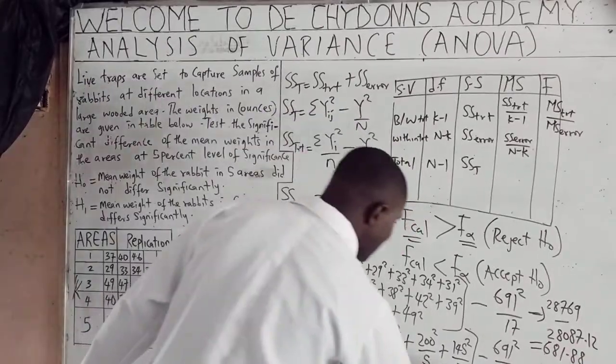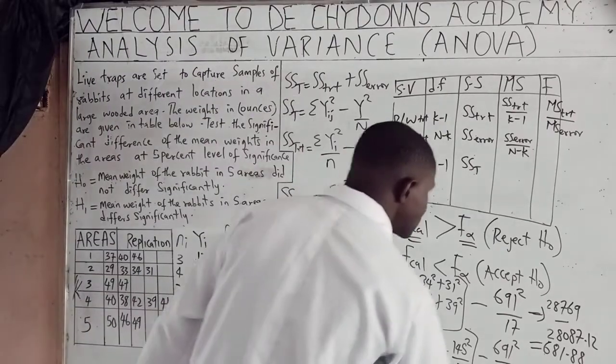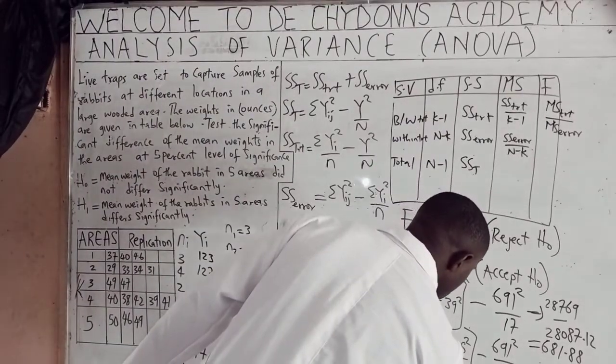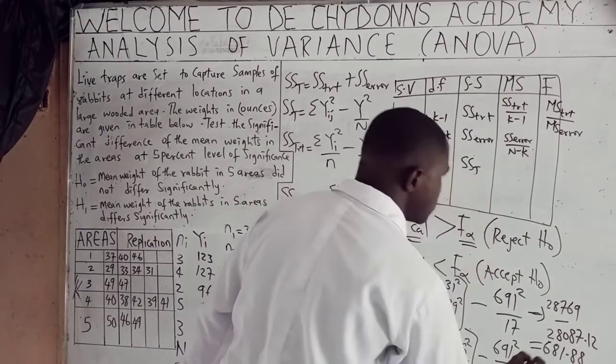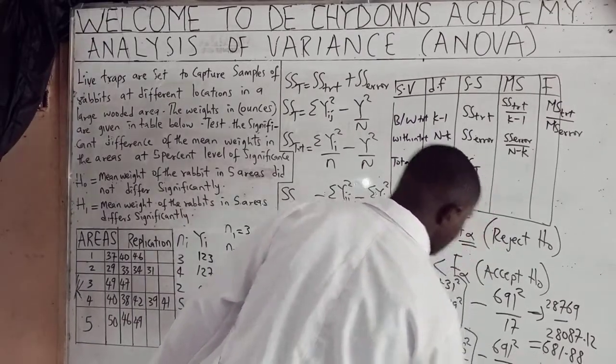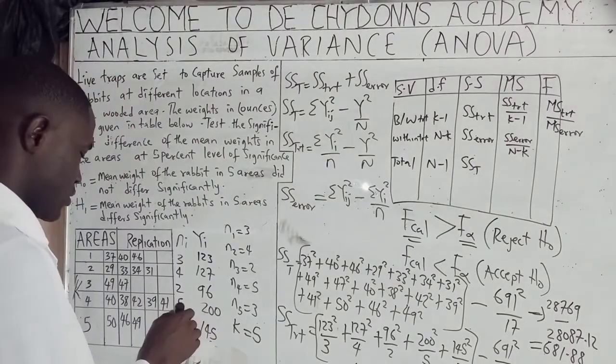When you subtract the two, you'll have 604.46. That is our SS treatment.